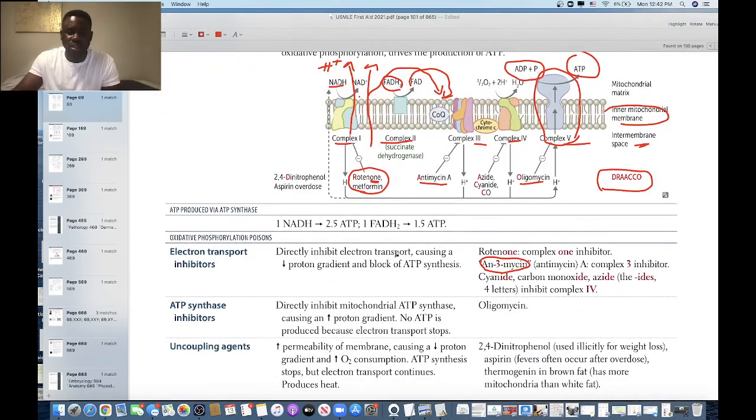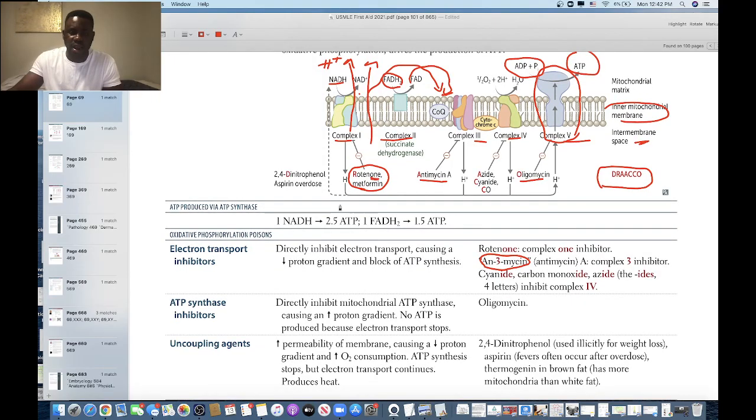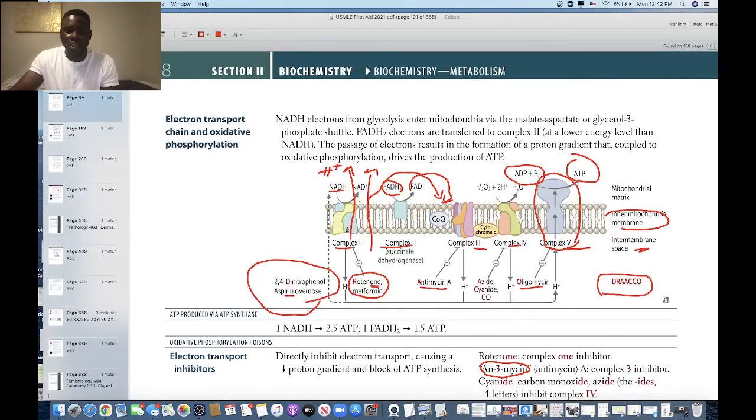Substances that can cause an uncoupling reaction are these two here, the dinitrophenol and aspirin overdose. In an uncoupling reaction, you will have all the H plus going into the mitochondrial matrix, and the electromotive force will be generated. By the end of the day, ATP will not be made, so heat will be produced.